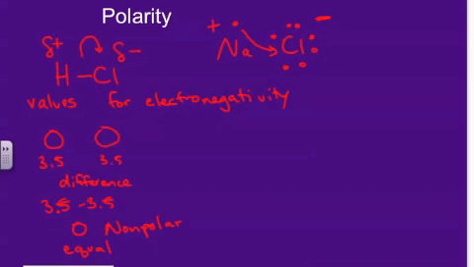Let's look at water. So when we calculate this difference in electronegativities, we just concentrate on one bond. So in this case, we'll look at the relationship between one hydrogen and one oxygen. Oxygen, again, has that electronegativity of 3.5. Hydrogen has an electronegativity of 2.1.